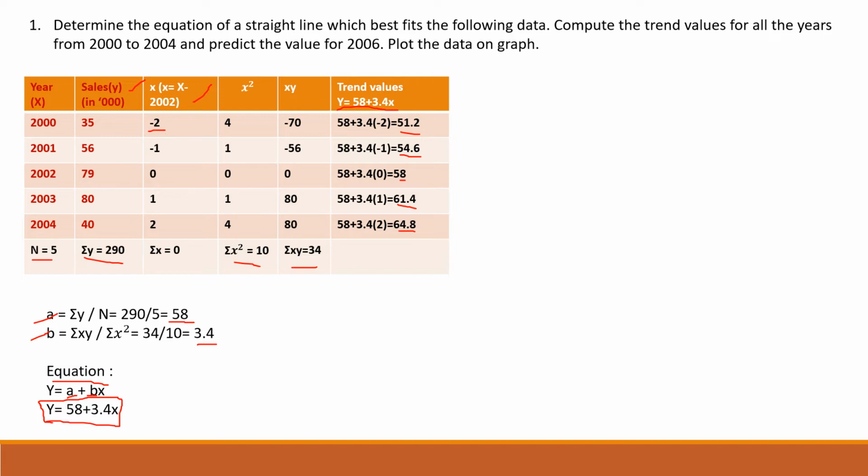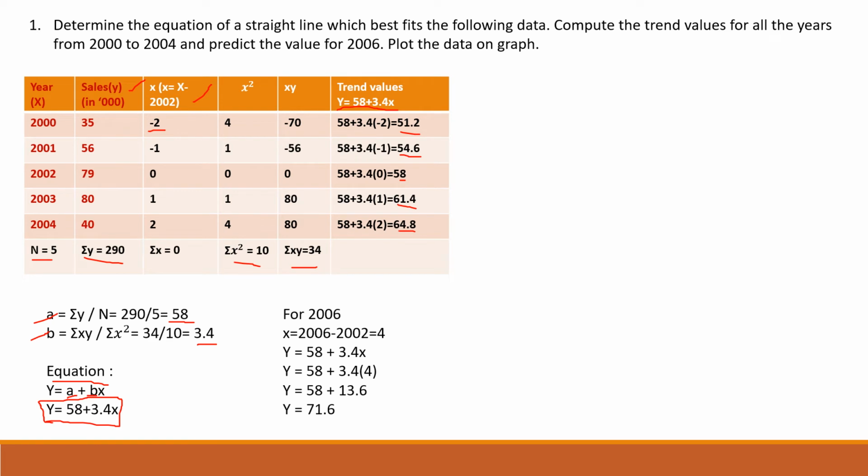Next we have to predict the value for the year 2006. In the previous methods we could predict the values only by doing the graph. But in the least square method, without a graph, we can predict by using the equation. We know the equation of trend values, so by using that we can calculate the value for 2006.